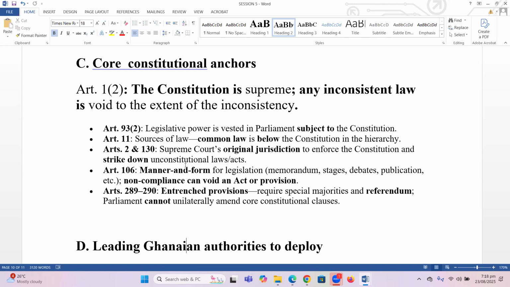And not only that, you can have so many examples, where when it comes also to criminal offense, Parliament is also forbidden from making retroactive, retrospective legislation, like creating a law which will create an offense for something which happened in the past.